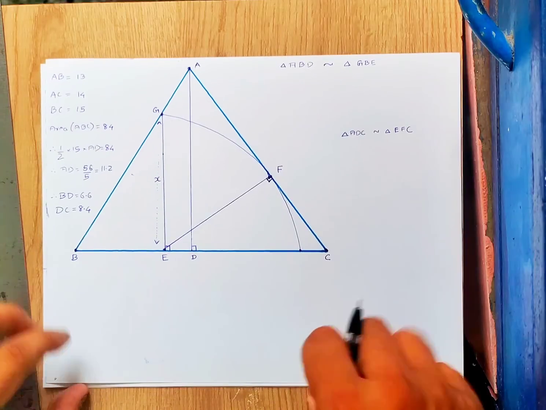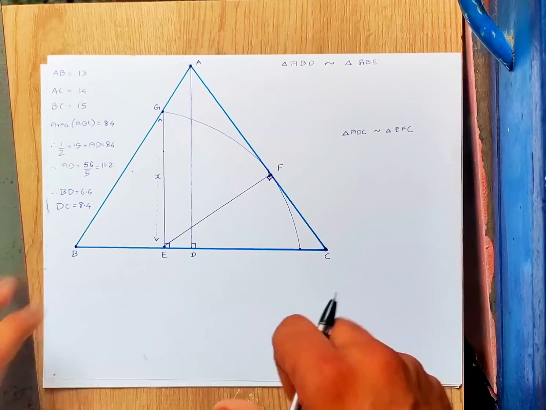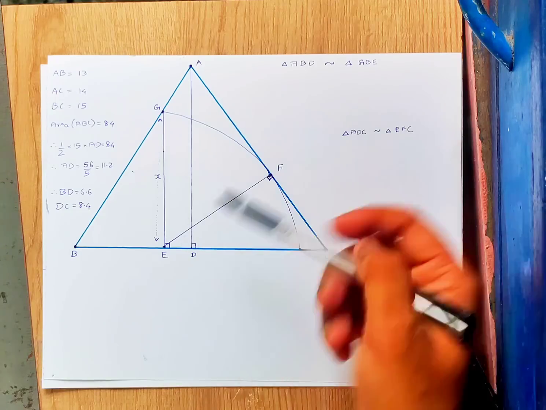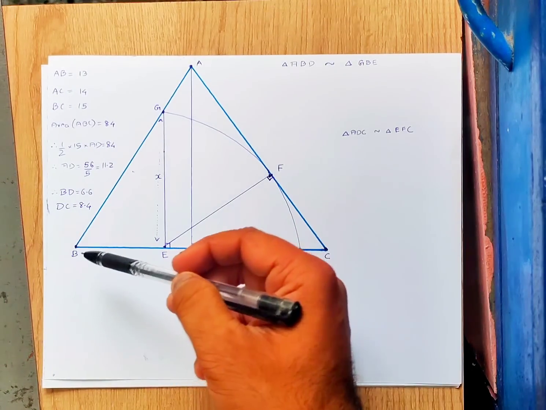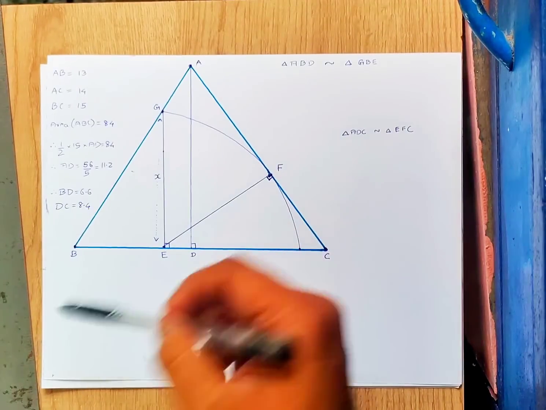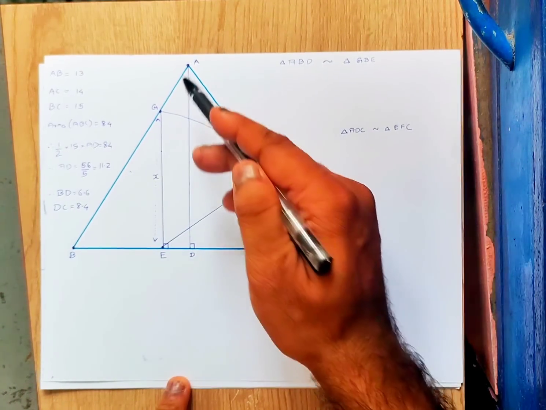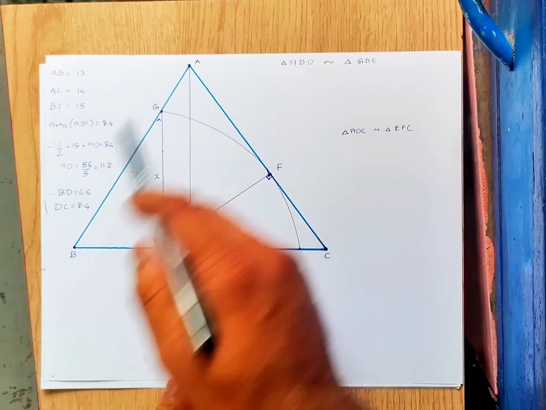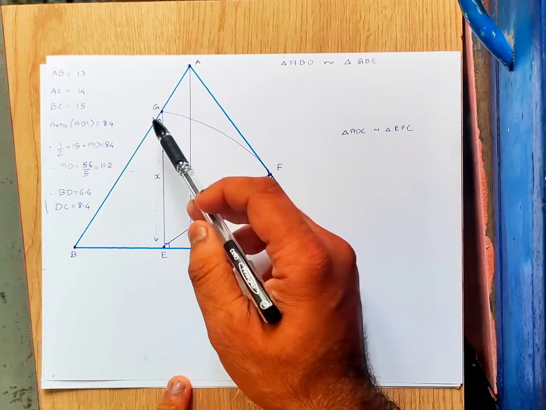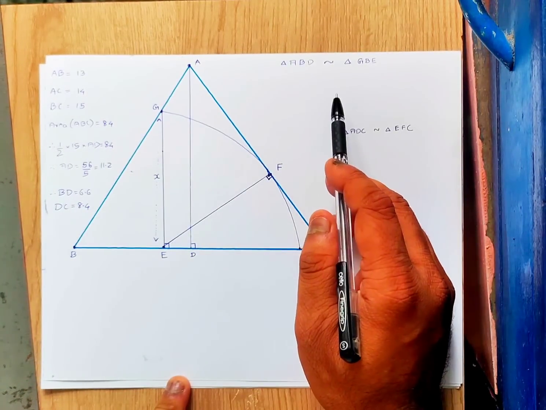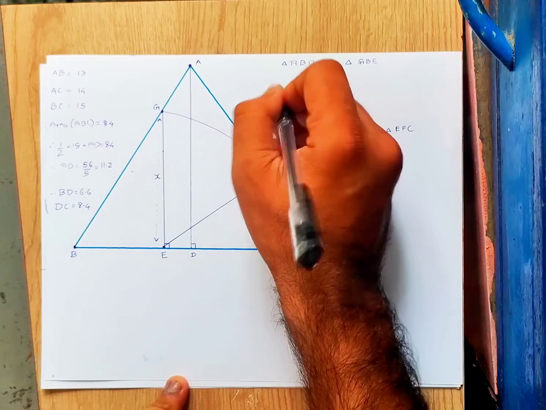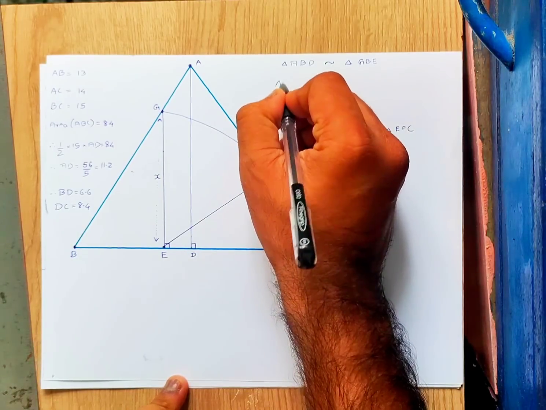Now let us apply similarity. Observe the triangles ABD and triangle BGE. We'll write it conventionally: if I'm writing ABD, I will have to write GBE. That's the convention. Similarity says that the ratios of the sides are in proportion.